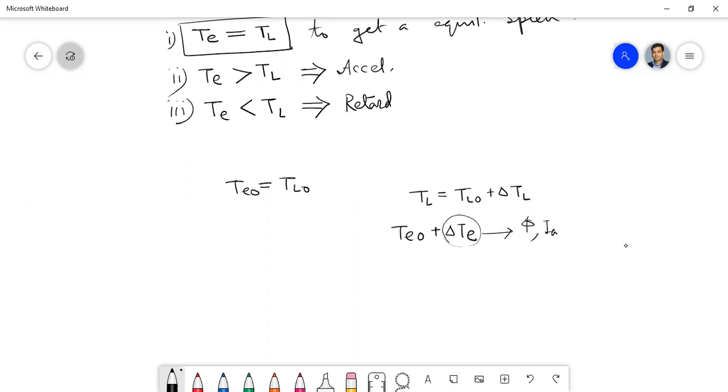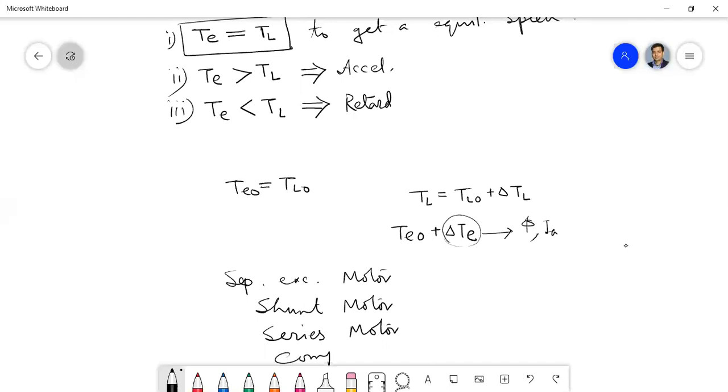Under self-excited, you have shunt, series, etc. So we have separately excited motor, then shunt motor, then series motor, and compound motor.